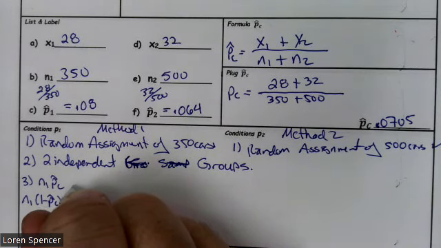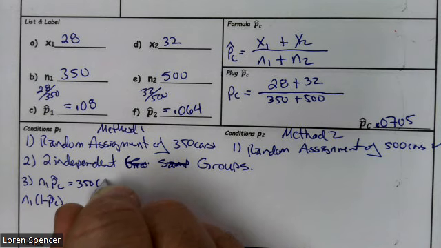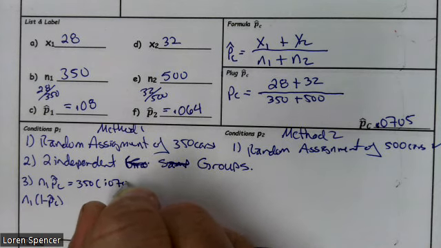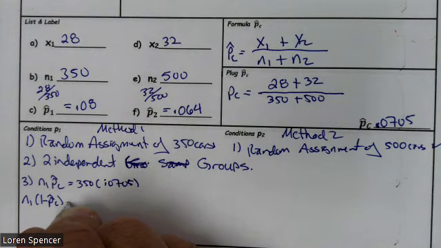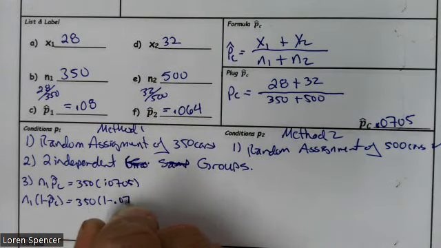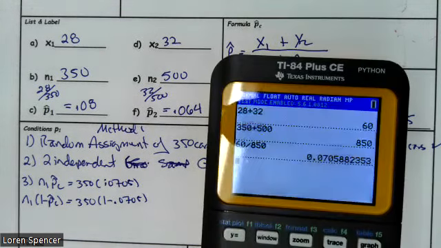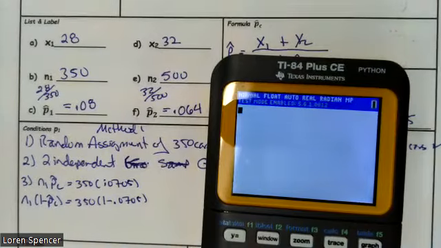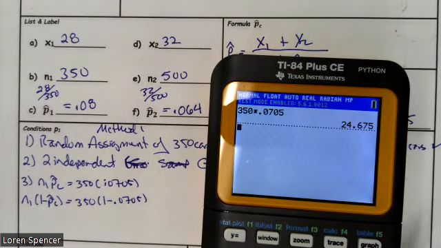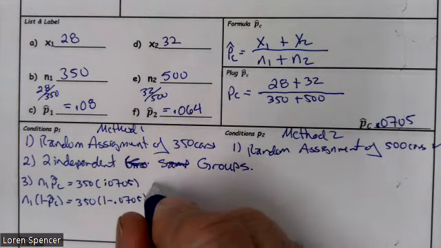So in this case, we had 350 times 0.0705, and 350 times 1 minus 0.0705. 350 times 0.0705 is 24.6.